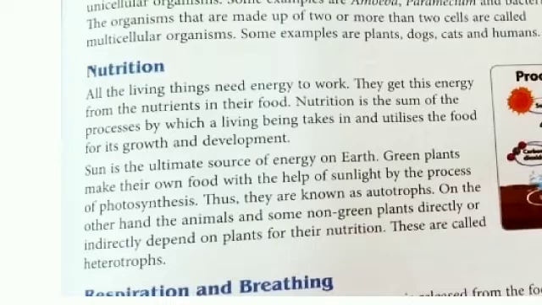In the presence of sunlight, plant takes carbon dioxide from the atmosphere, or you can say from air, and plants also take water from their root, from soil, and make their own food by the process of photosynthesis, and makes food and oxygen.